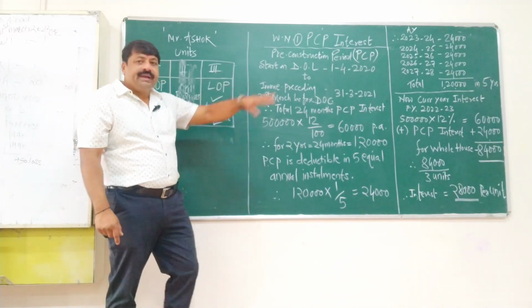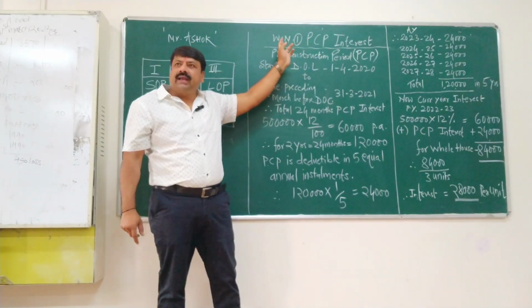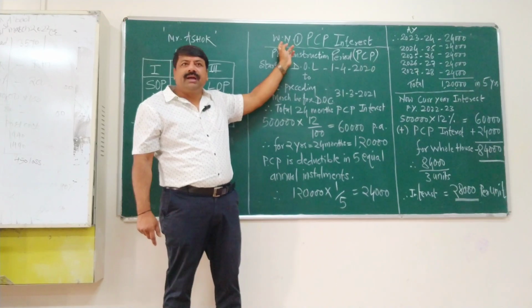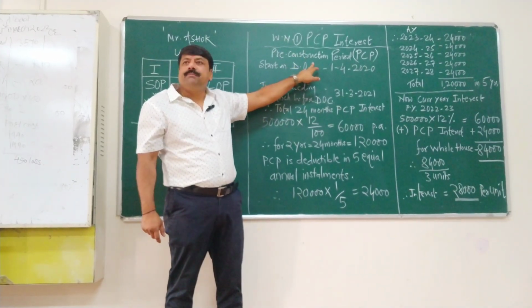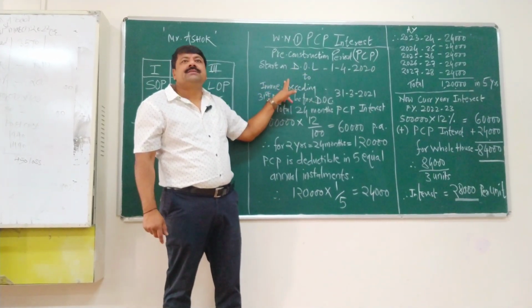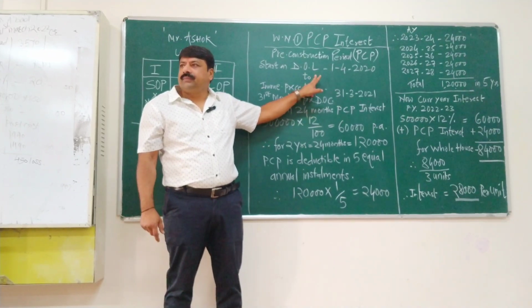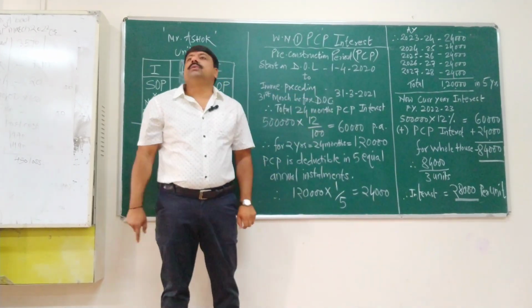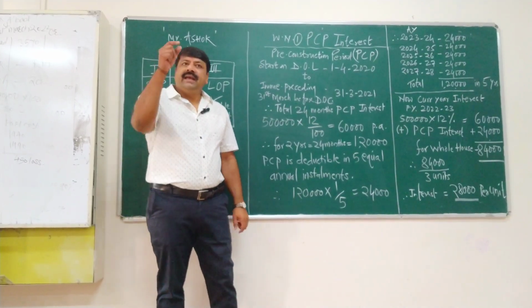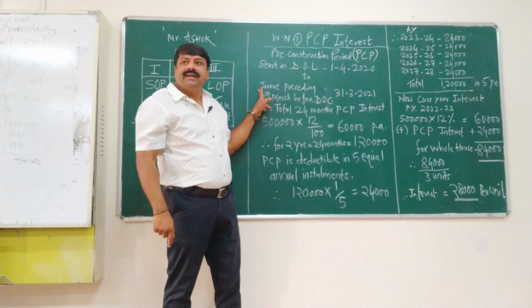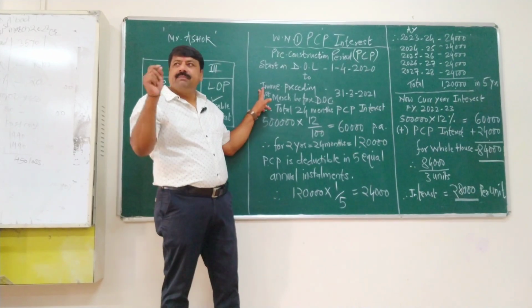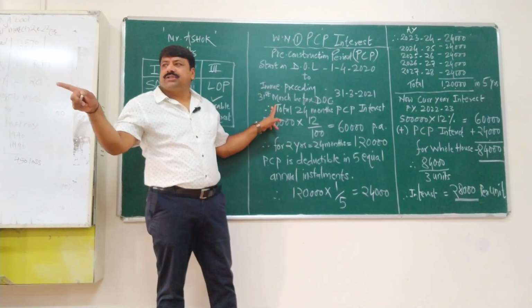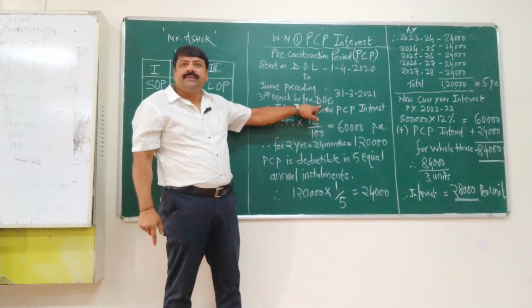Okay. Now pre-construction period interest we will calculate first. Working note number 1. Pre-construction period starts from date of loan. Date of loan, if you see in the problem, is 1st April 2020 and ends on the immediately preceding 31st March before DOC.